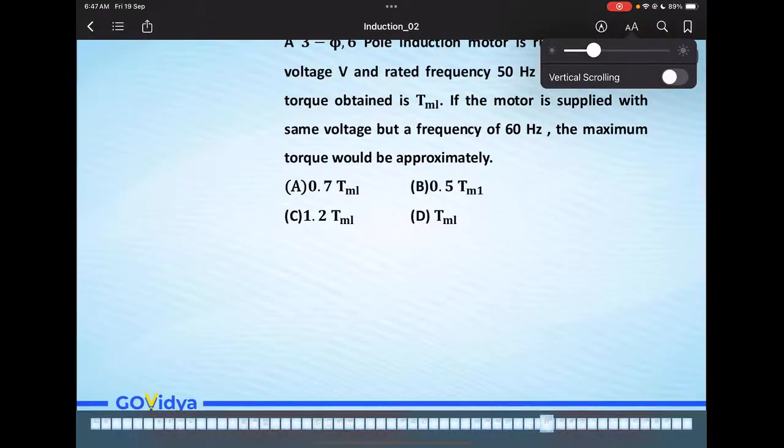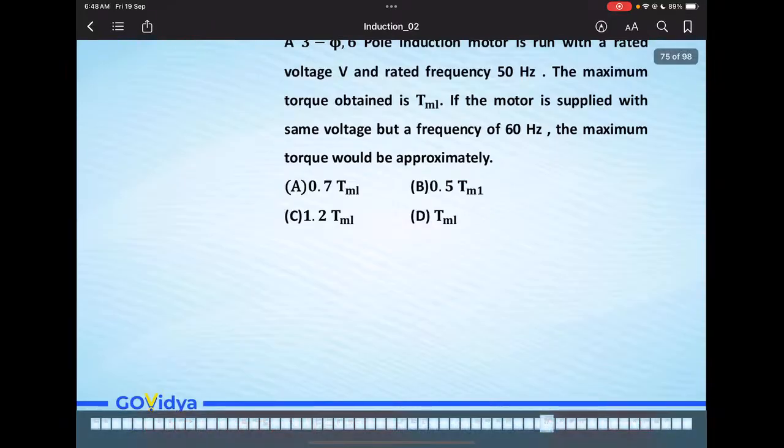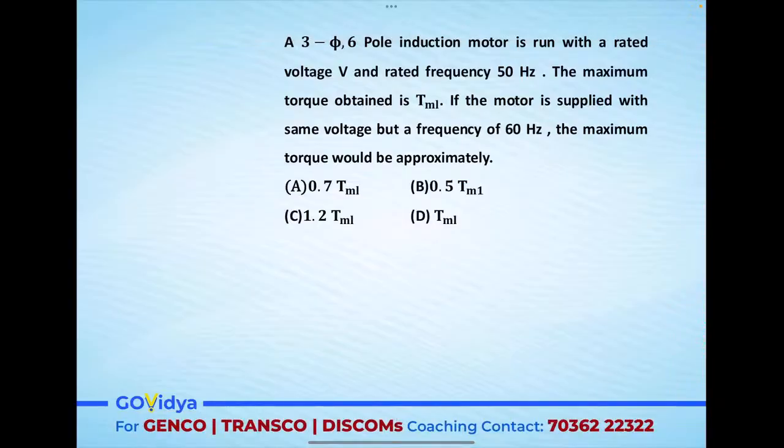The question is about a three-phase 6-pole induction motor run with a rated voltage V and rated frequency 50 Hz. The maximum torque obtained is Tm1.